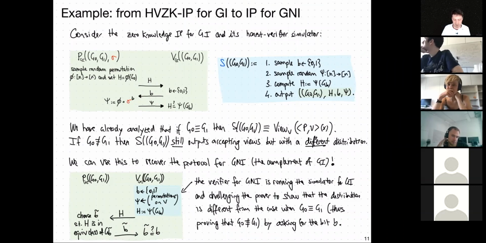These are other things that we're not discussing, but you can really see this phenomenon that connects zero knowledge for GI to something not zero knowledge for its complement, GNI. This comes directly from the simulator up here: the verifier is basically running the simulator for the GI proof.